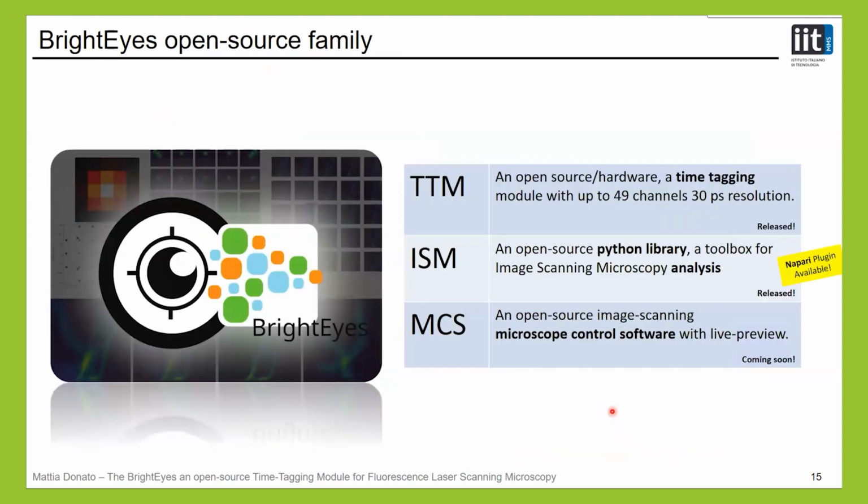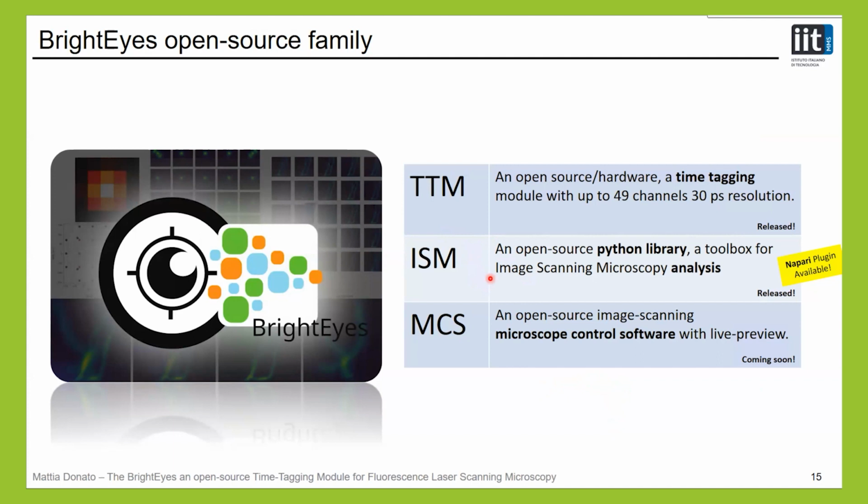BrightEyes-TTM is not alone, it's part of a family of BrightEyes, and there are other open source tools. I want to mention BrightEyes-ISM, which is an open source Python library, a kind of toolbox for image scanning microscopy analysis. It allows, for example, optical sectioning, deconvolution, and other things like that.